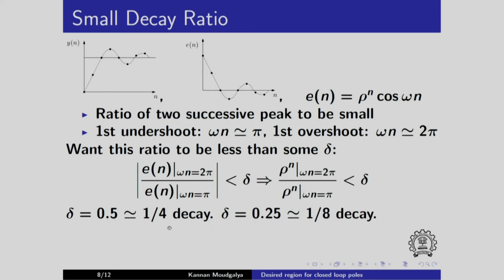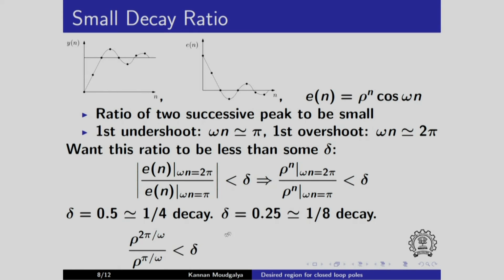Typical values people specify are something like half decay or 1/4 decay. We never give such a large decay or such a small decay that it decays very fast. So 1/4 itself is quite acceptable most of the time. So 0.5, in any case we will not need more than 0.25.